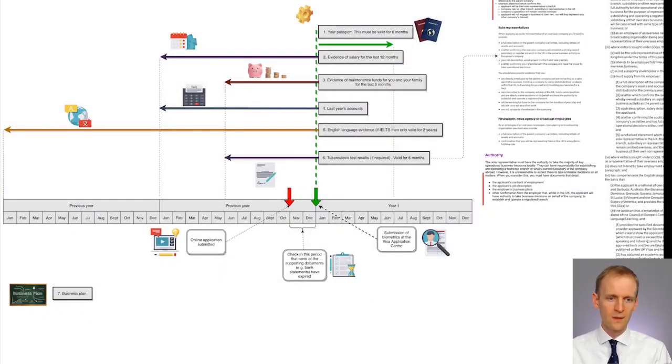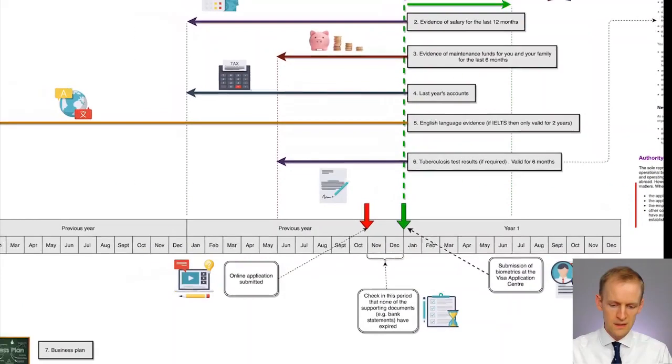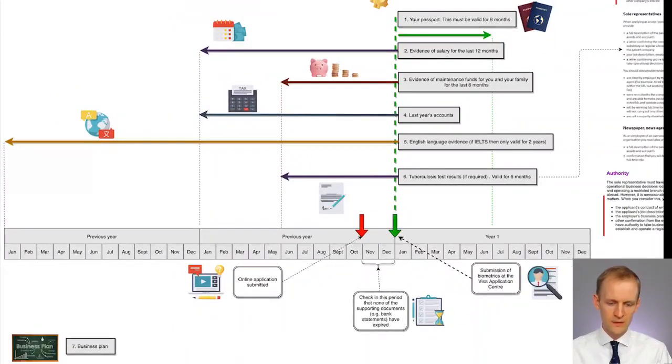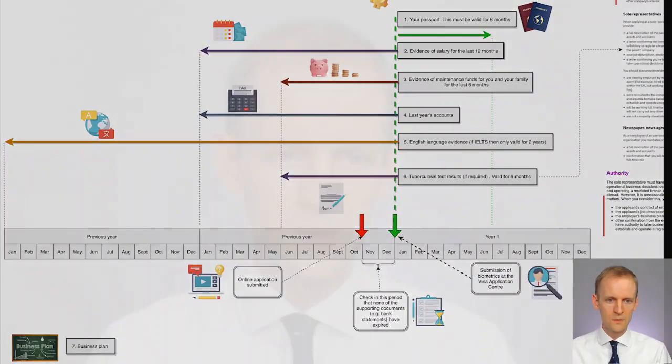Now, the key thing I want you to take into account, which I'll explain with reference to this diagram about the supporting documents you need, is that particularly during the coronavirus period, there could be a long gap between when you apply online for the sole representative visa and when you actually produce your documents for the interview.